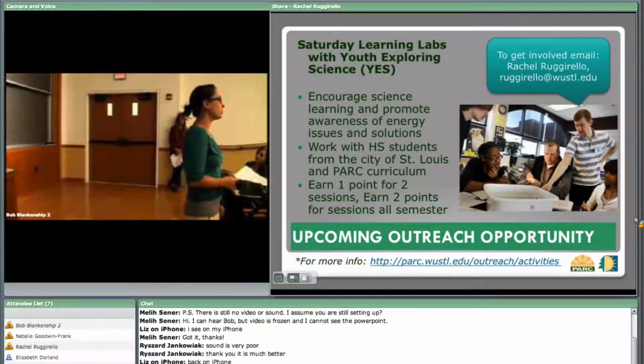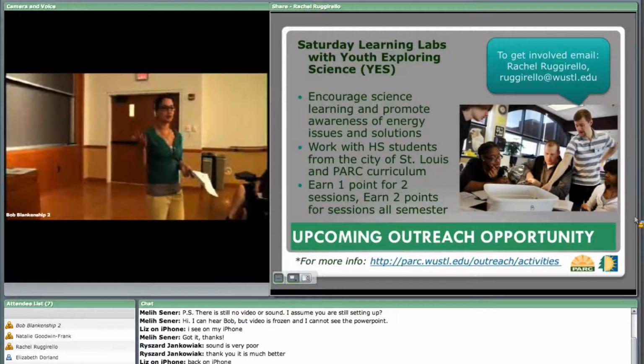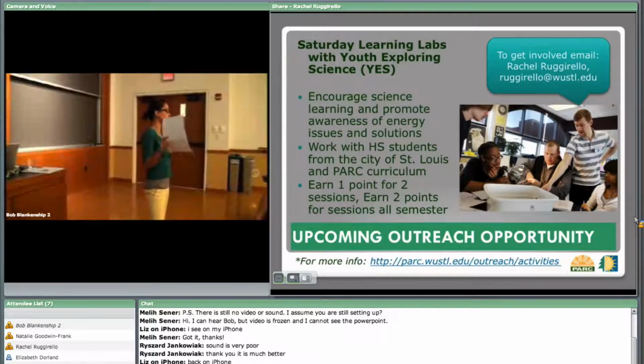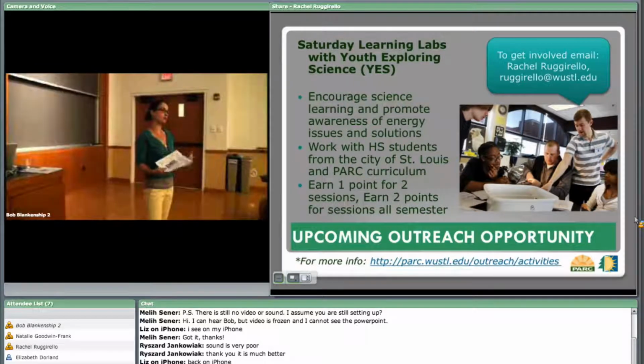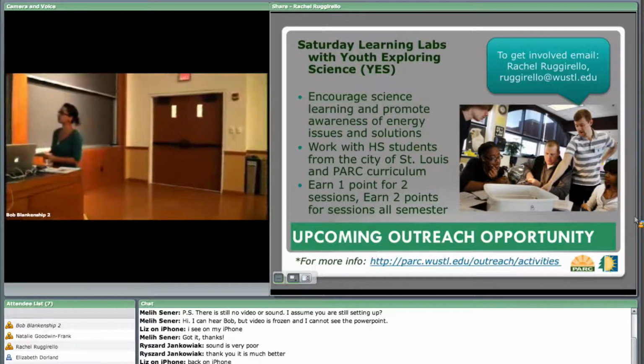The reason we encourage attendance in multiple sessions is that oftentimes you develop a relationship with those students, and if you can see them every Saturday or every other Saturday even for an entire semester, it's much more meaningful for them and for you, because you actually watch their project move forward rather than just seeing it as a one-time drop-in. So that's one upcoming opportunity.